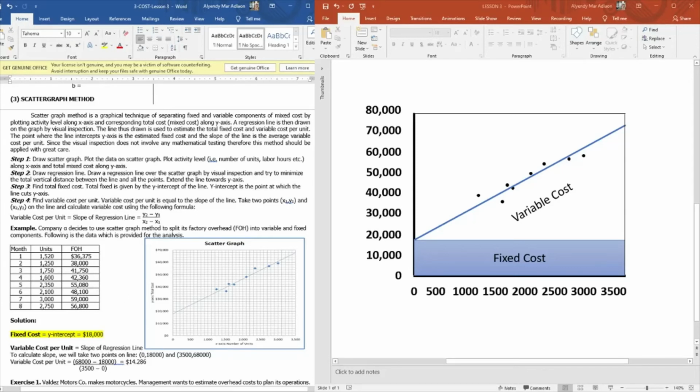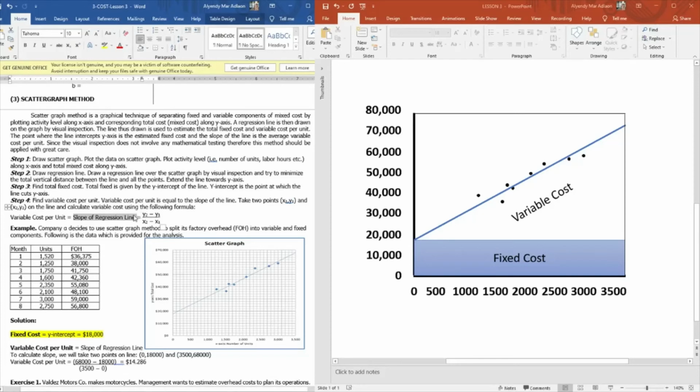Variable cost per unit is equal to the slope of the line. Take 2 points, x sub 1 and y sub 1, and x sub 2 and y sub 2 on the line, and calculate variable cost using the following formula. So we have the slope of the regression line: y2 minus y1 over x2 minus x1.